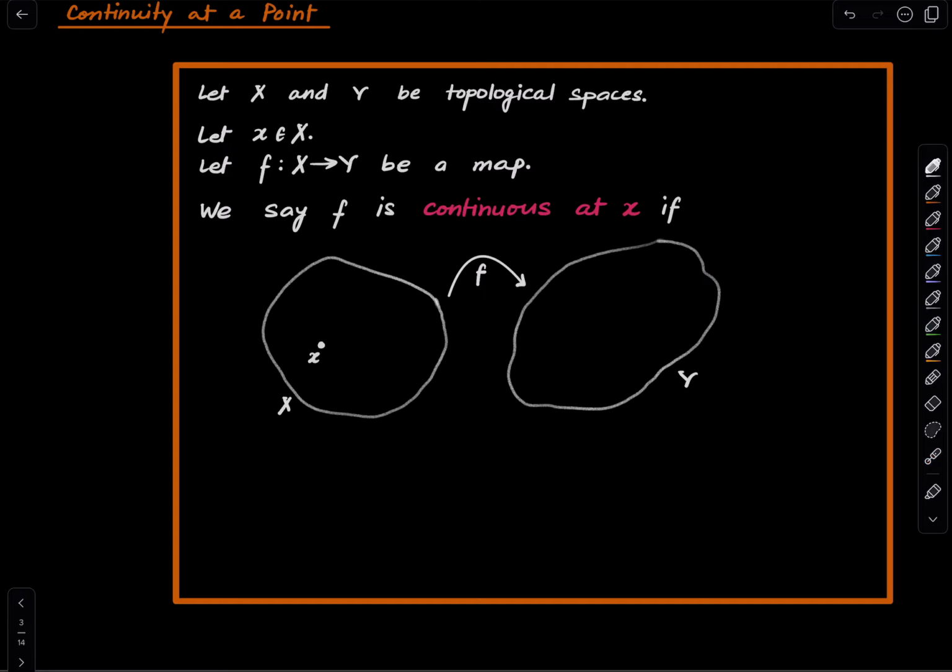So let's say the image of x is denoted like this, f(x). So we'll choose a notion of nearness of f(x).